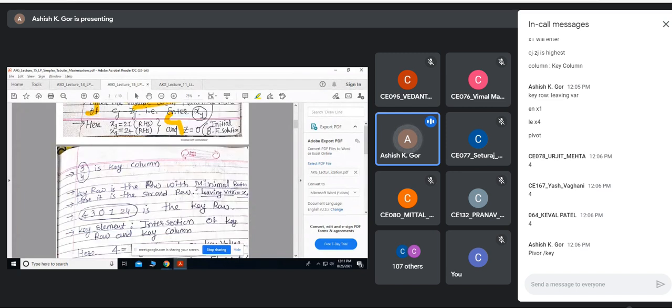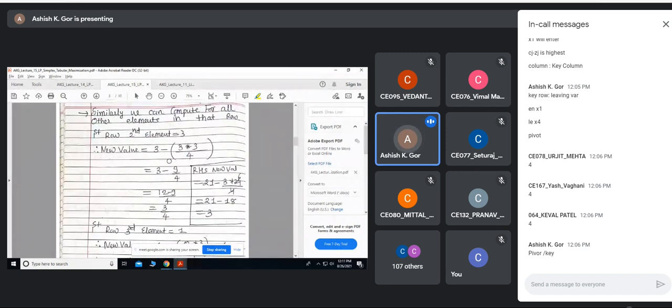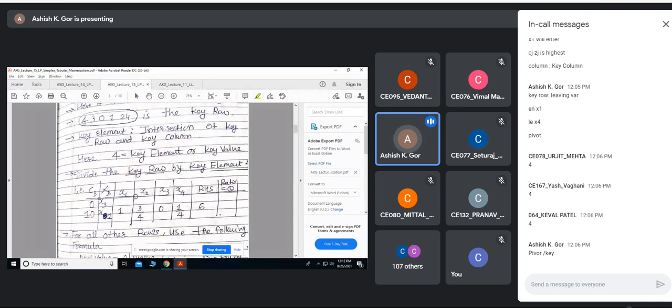This is the value of the first row, second element, that I am computing. So old value minus the corresponding key element in the row times the corresponding key element in the column, divided by the pivot. So 3 minus 9 by 4 is 3 by 4. So hence I have to put here 3 by 4.